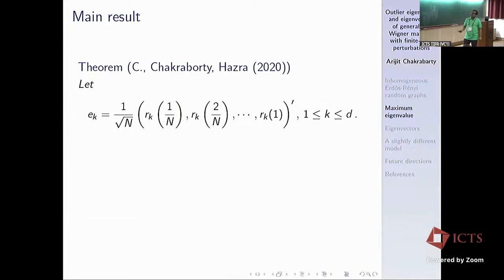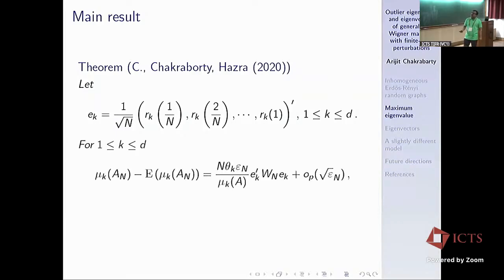So Ek is essentially the normalized eigenvector of the deterministic integral operator. If you look at the kth largest eigenvalue, centered by its expectation, it is of this form: n epsilon n theta k by mu ka, and this goes to 1.